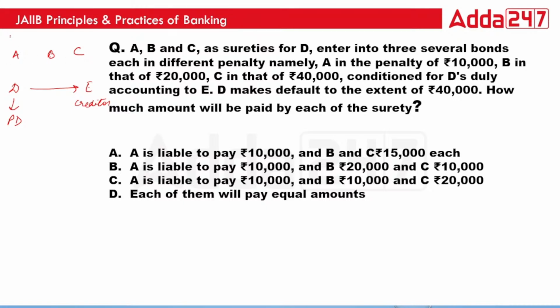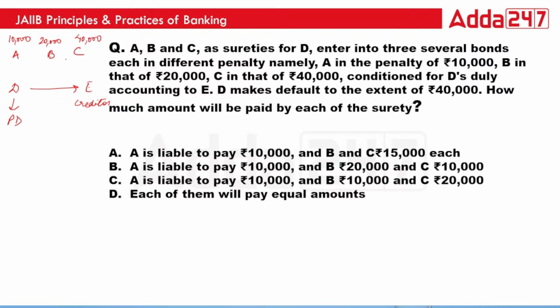A has given guarantee for 10,000 amount. Here the guarantee amount between all of them is not equal. They have given unequal guarantees. So A has given guarantee for 10,000, B has given 20,000 and C has given for 40,000.